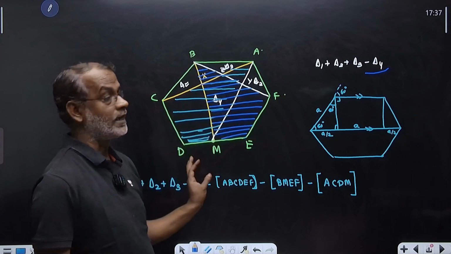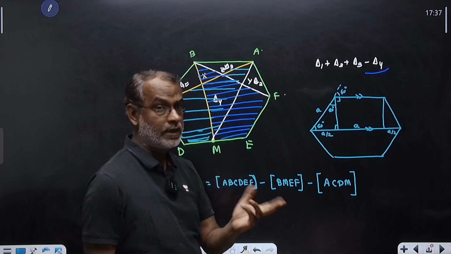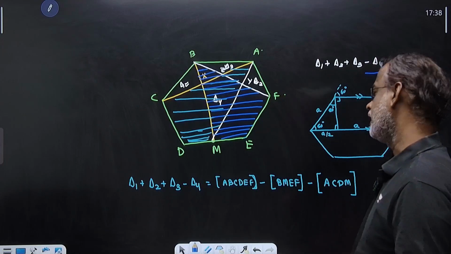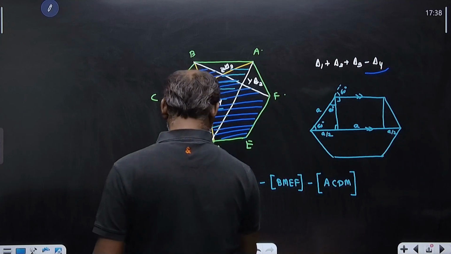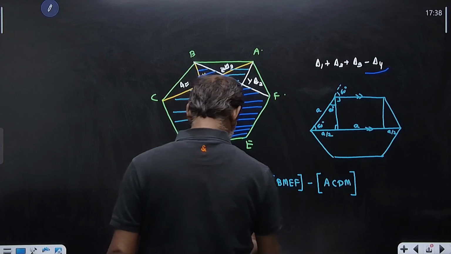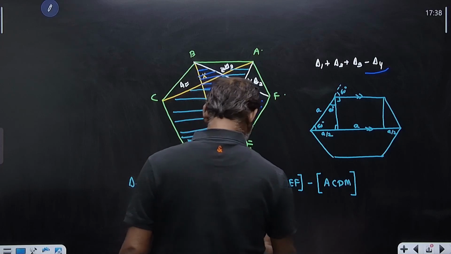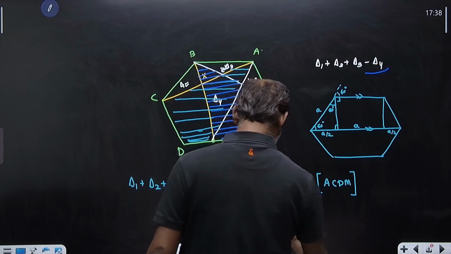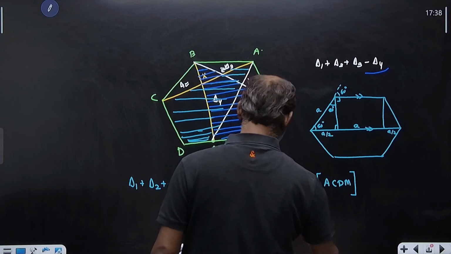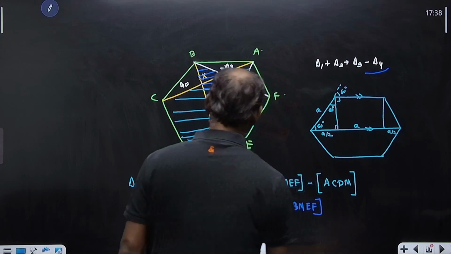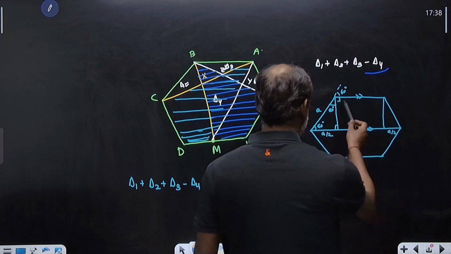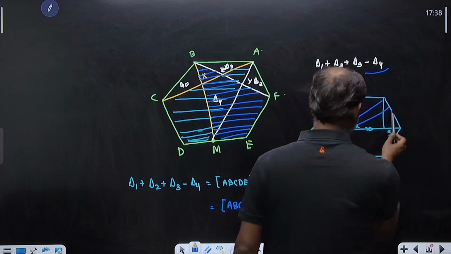So, all the four sides, in fact, these two quadrilaterals are in effect congruent. So, you can say this is area of ABCDEF minus 2 times area of, say, BMEF. Now, if you look at it very carefully, this area is half the area of this.